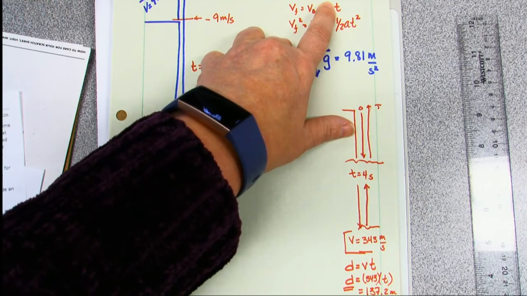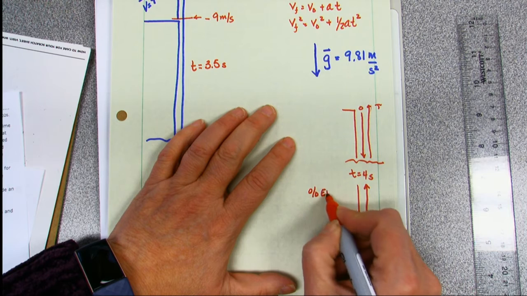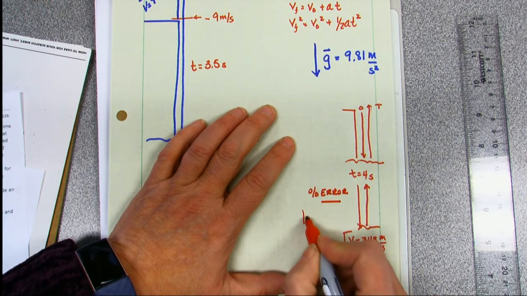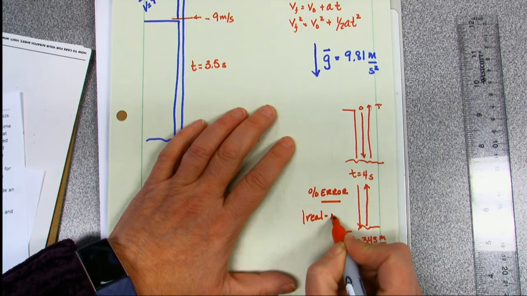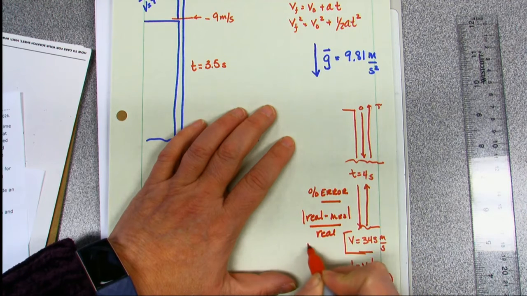You're going to compare the two distances by using a percent error. And percent error is real minus measured divided by real times 100%.